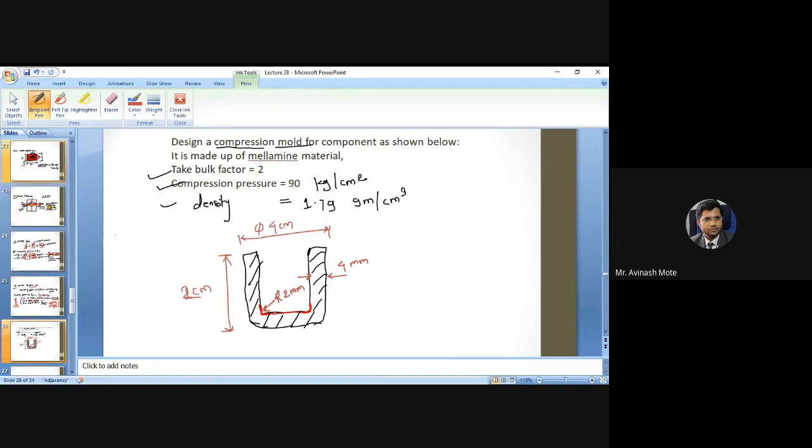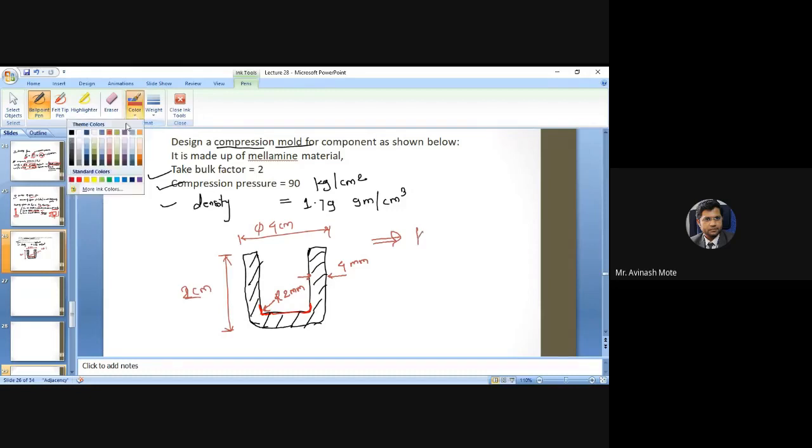start solving the question. Just before that, we will write down the given data. Easy to solve. Only three things are required: bulk factor, compression pressure, and density, and these component dimensions. So what is given in the problem? Bulk factor, we denote it by K, is given as 2.